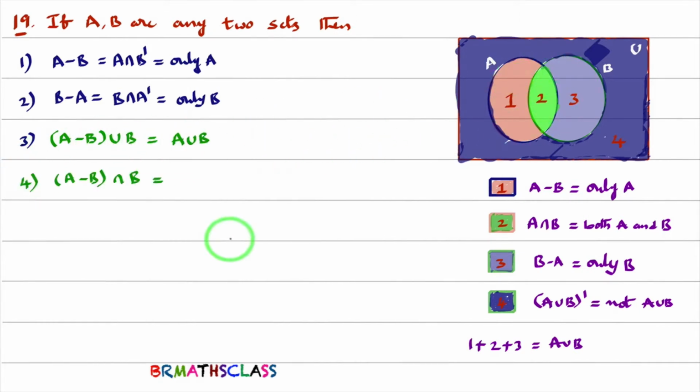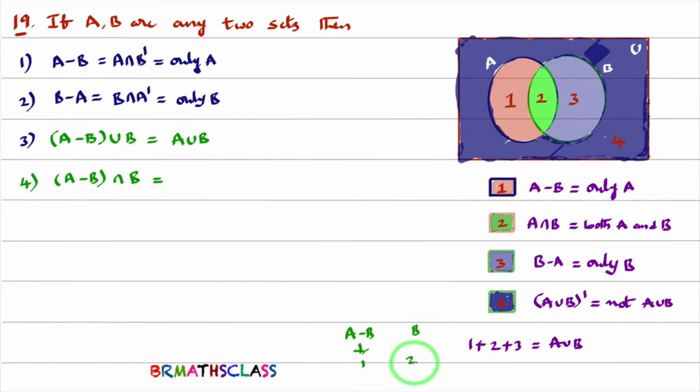Fourth property. A minus B intersection B. A minus B means this part 1. Set B means 2 plus 3. What is the common part present in A minus B and B? A minus B means part 1.